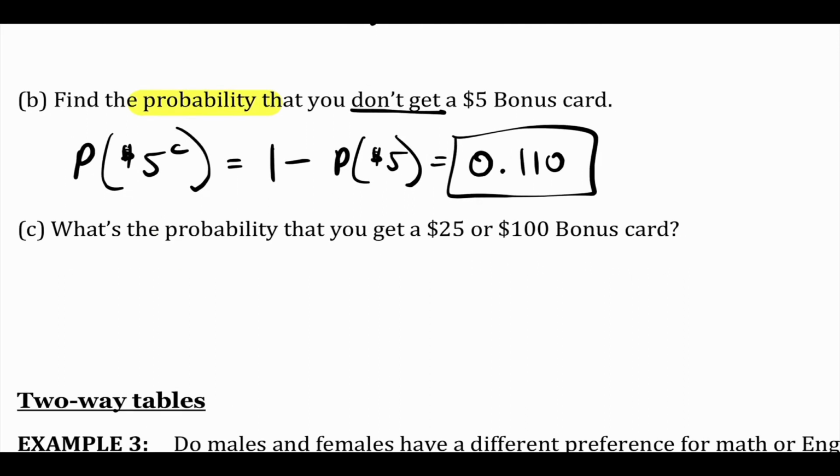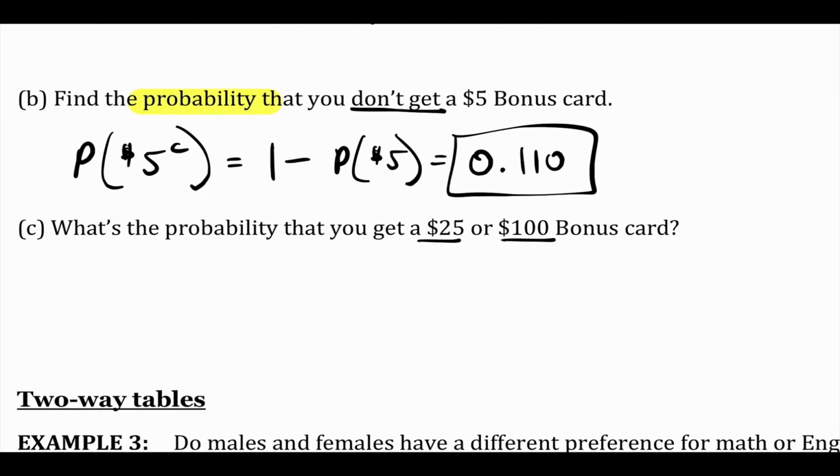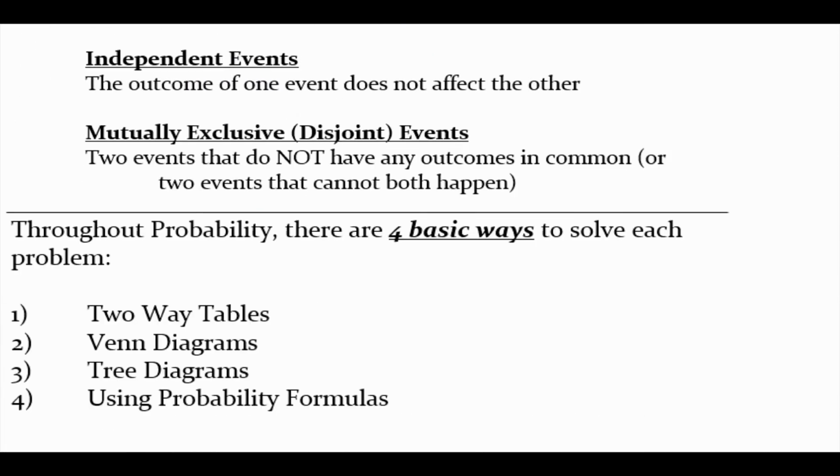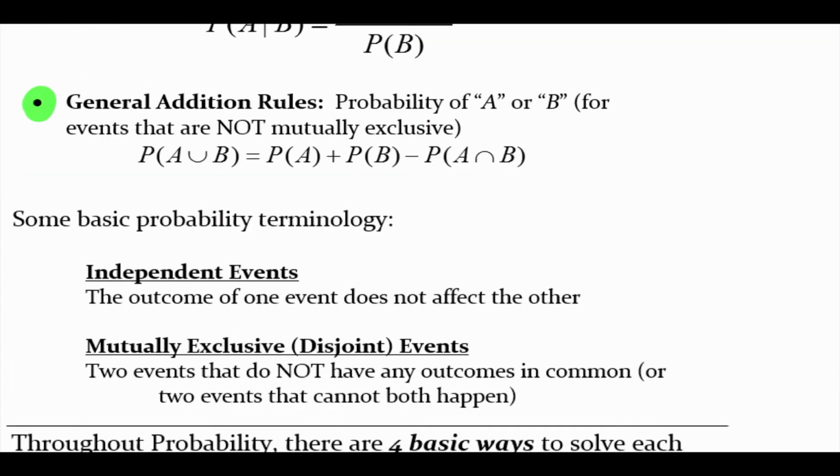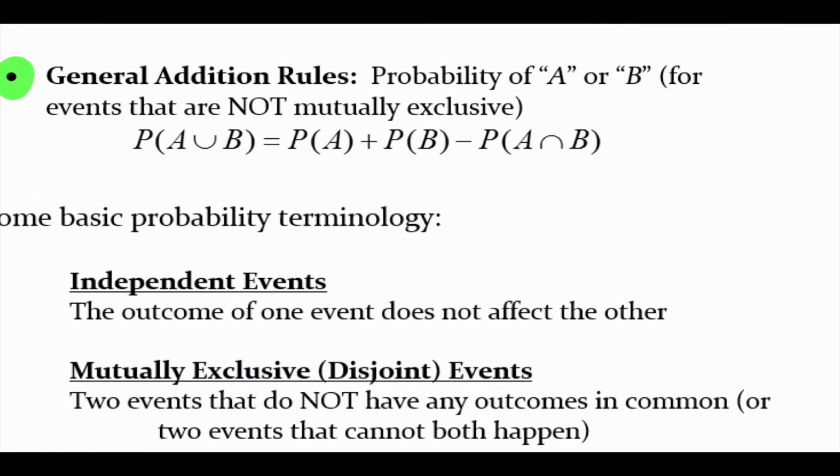Here we go now. What is the probability you get a 25 or 100? No, this one's not a complement rule. This is the key word right here: or. If you see or, automatically you're going to go back up to the ones you saw with or. Right here, addition rule.